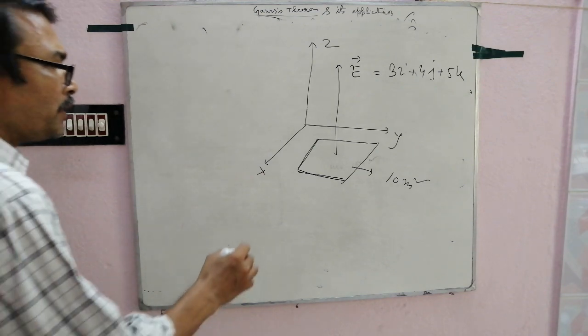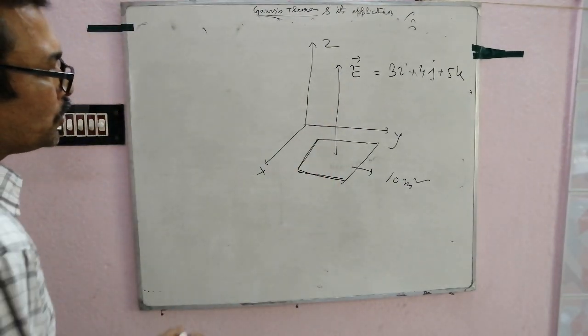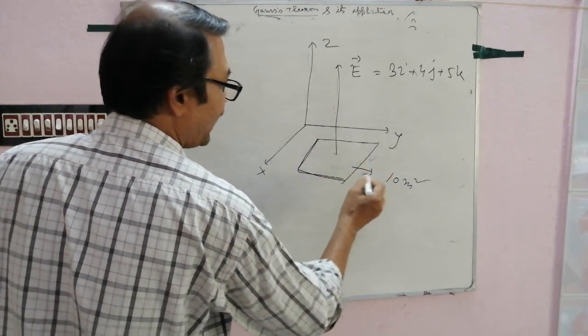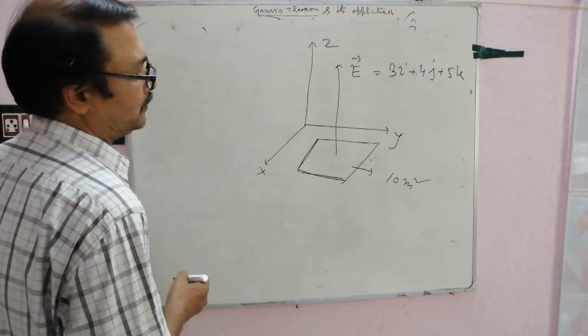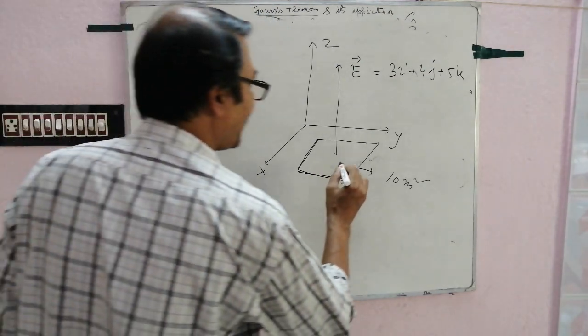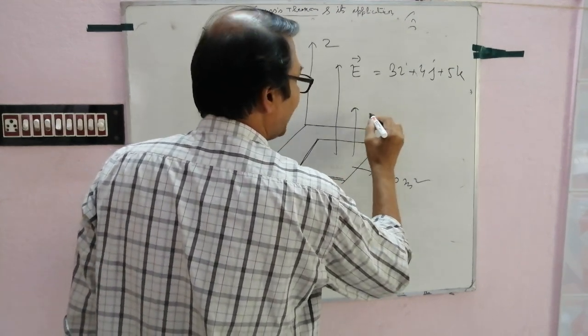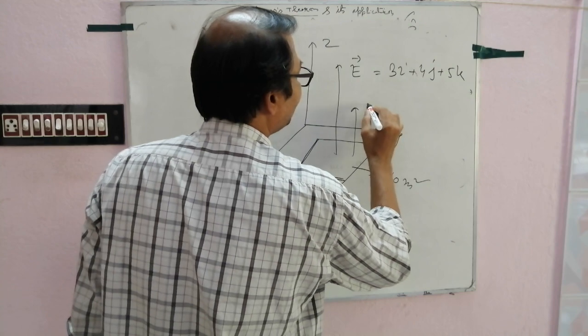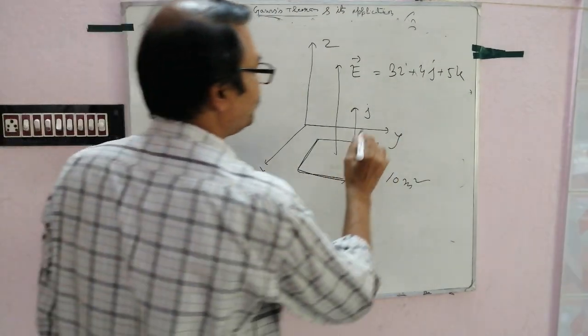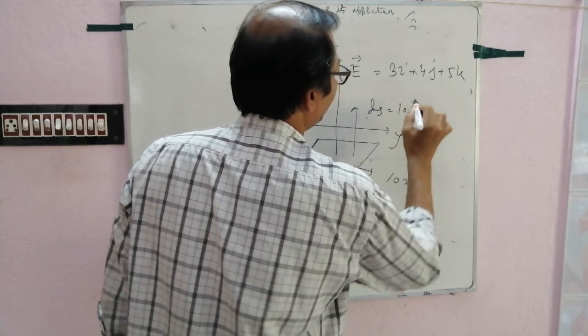So what will be the flux linked with this area? Follow, this is parallel to the xy plane, so the normal to the area is in this way. It is also the area vector, that is ds equals 10k.